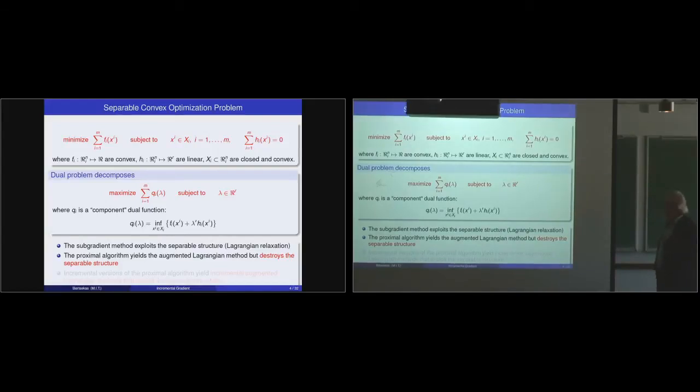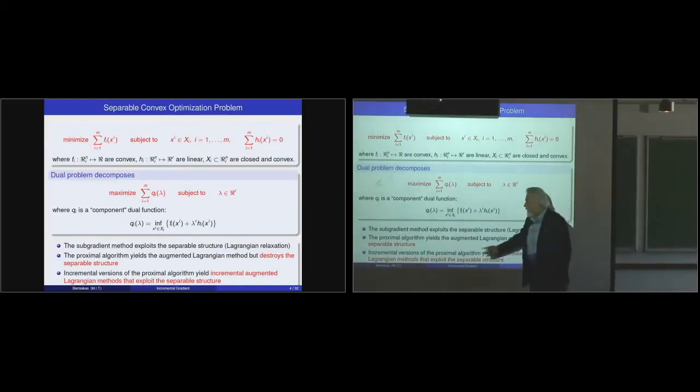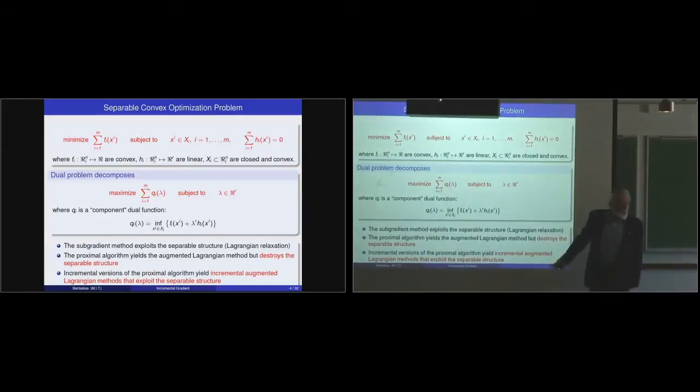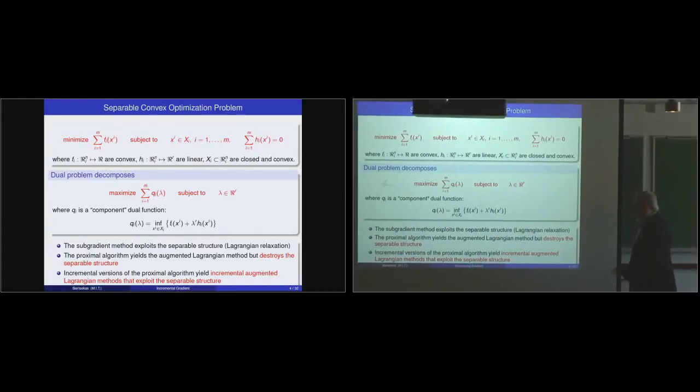Now here's one of the important points of this talk. If you use incremental versions of the proximal algorithm for this problem, then you can take advantage of the separable structure by passing on to incremental augmented Lagrangian methods, which would involve a restoration of the separability of the augmented Lagrangian cost function.